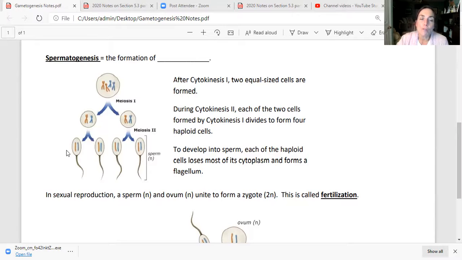So you have a total of 4 daughter cells, and they really start as circles, but over time they form a flagellum, and they lose a lot of their cytoplasm, and then they are mature sperm. Each of them haploid, all functional.